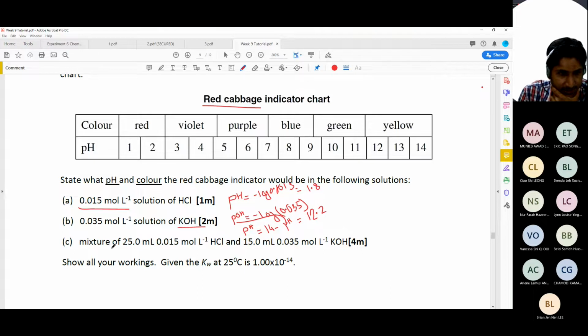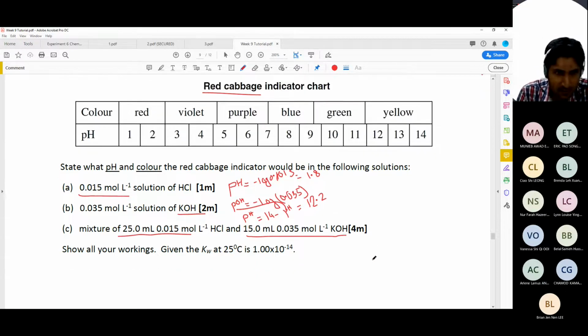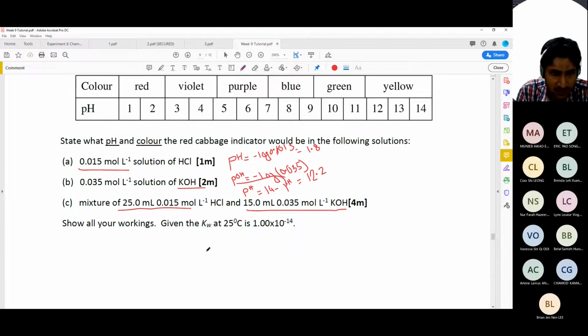Question number 3 says 25 milliliters of 0.015 molar HCl and 15 milliliters of potassium hydroxide. The same thing, we have to do the calculation, and first of all we need to write the equation: HCl and potassium hydroxide produce potassium chloride and water.